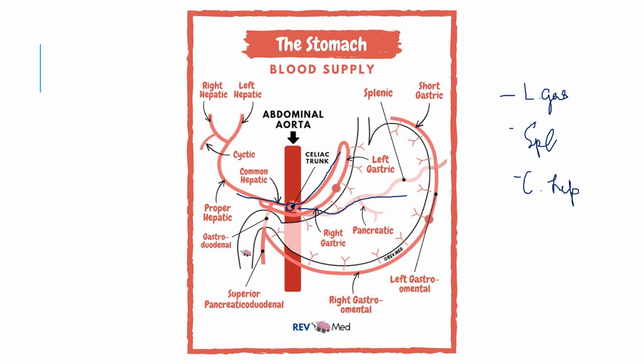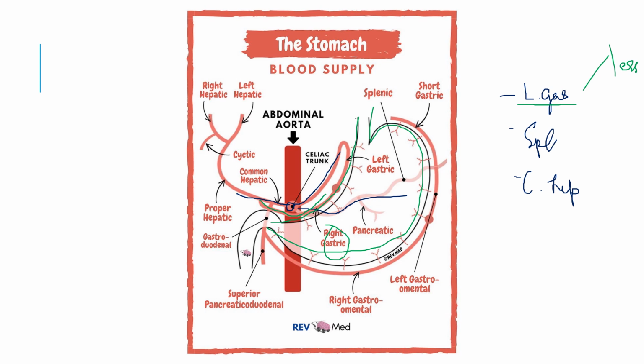Now the stomach has one lesser curvature and one greater curvature, right? The lesser curvature is supplied by the gastric arteries, wherein the left gastric is the direct branch of the celiac trunk, and the right gastric is a branch of the common hepatic.